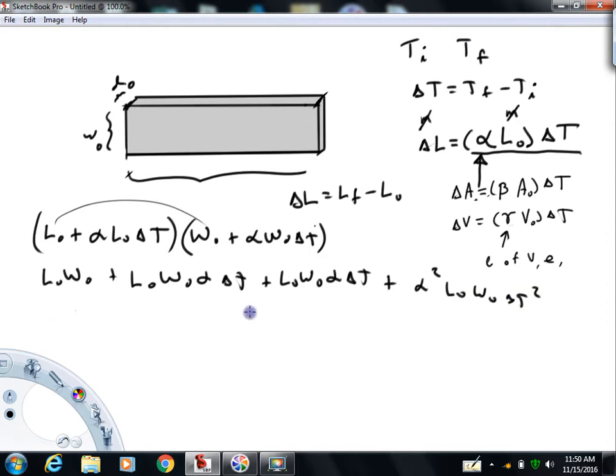So this product is going to represent our new area. I'll put A final here. And that's coming from taking our new length times our new width.